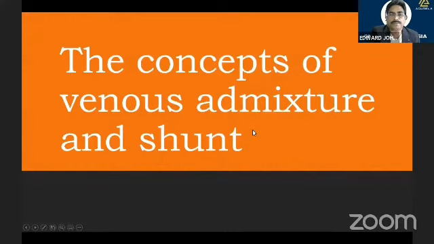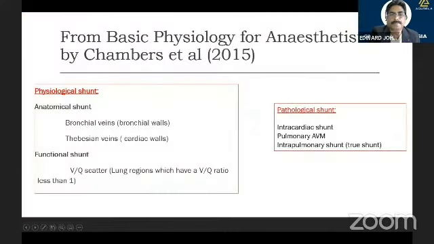So coming to the concept of the venous admixture and shunt. Various textbooks have different nomenclatures. Stoelting has a complicated nomenclature, so I have taken this from Chambers 2015. Here they have divided it into physiological shunt and pathological shunt. It's very simple. Physiological shunt is anatomical shunt and functional shunt.